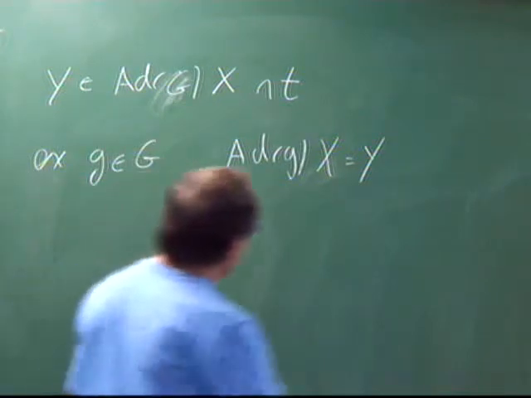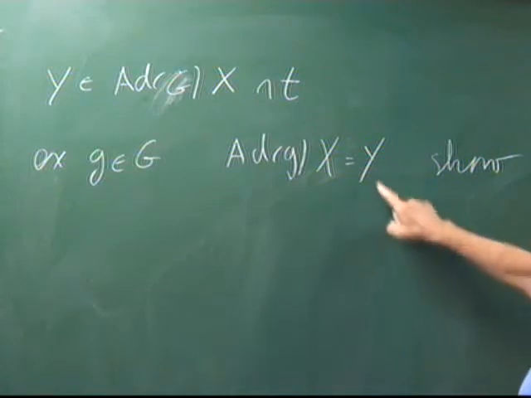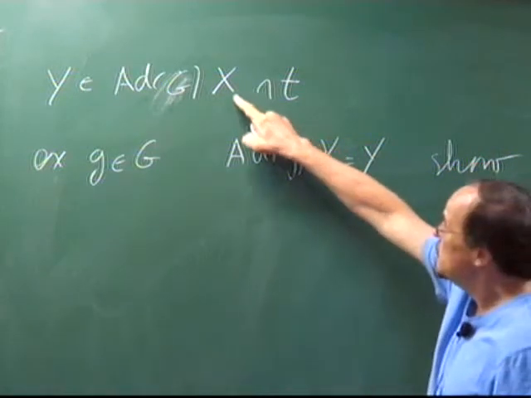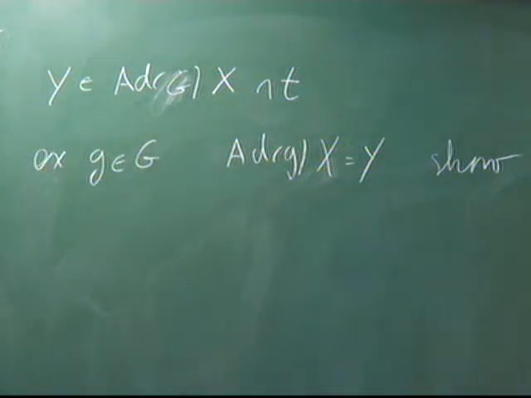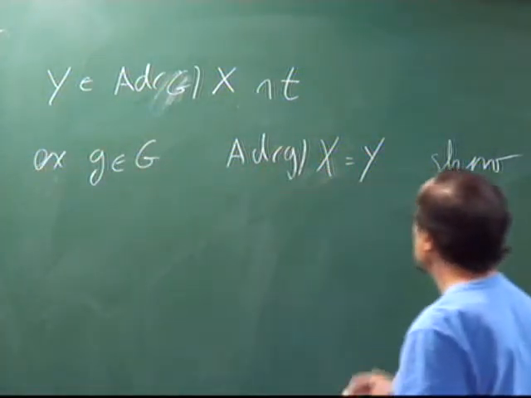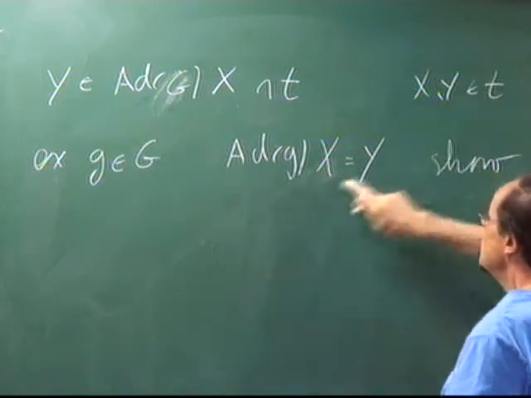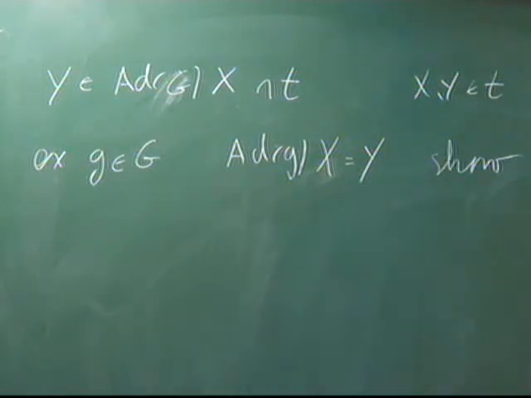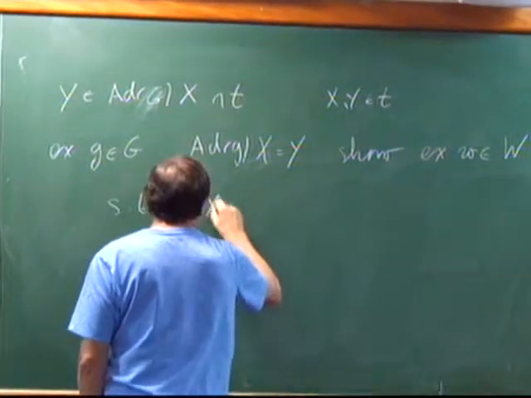And what I have to show is that both x and y lie in t. I started with something in t because I could do that. And y lies in t, so I have two vectors in t. One is an adjoint of something, and I have to show that there exists a w in the Weyl group such that w of x is equal to y.